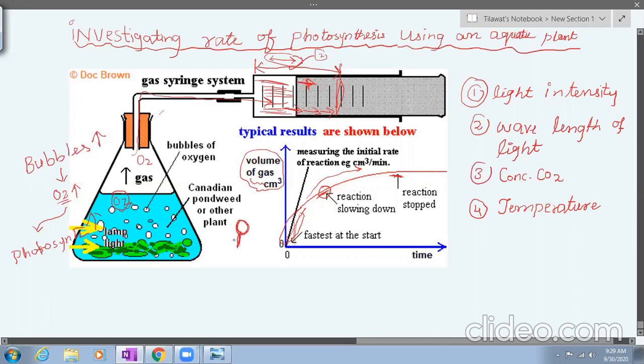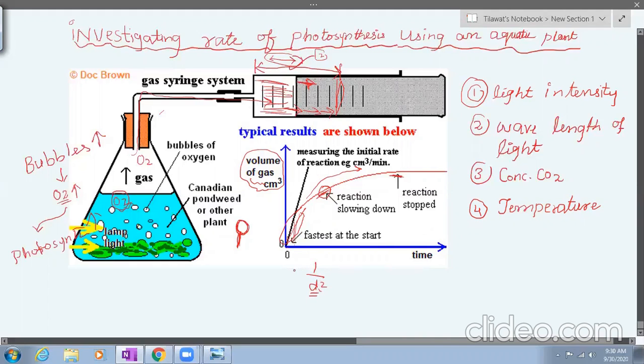Am I clear? We already know that light intensity is inversely proportional to distance. Is it clear? The formula is 1 over d square, where d represents distance.